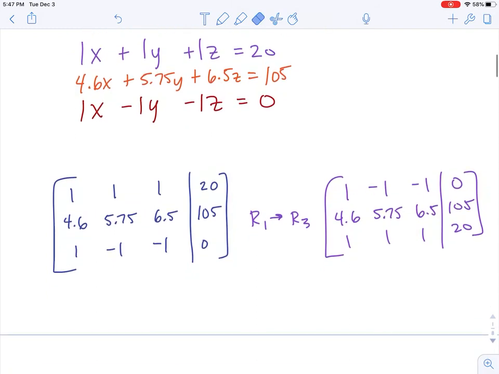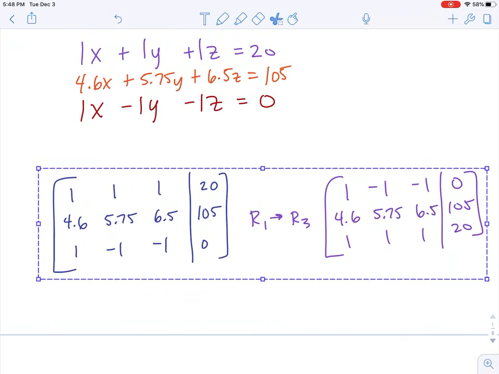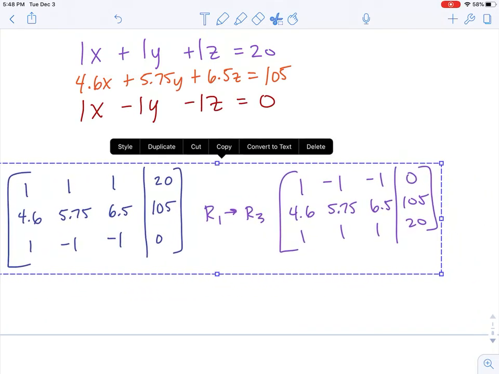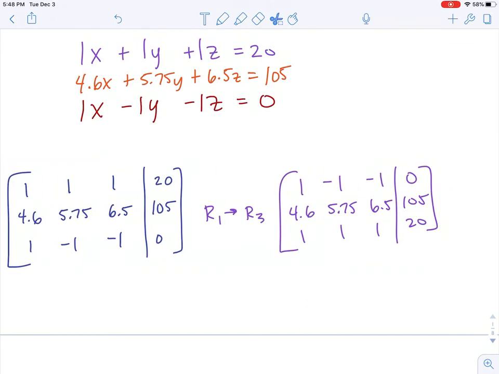So now I'm looking at what I have, and I'm trying to decide what I need to do in order to get zeros here and here. So I look right here at row 3, and I notice that if I add row 1 to row 3, I'll have zeros here and here like I want.